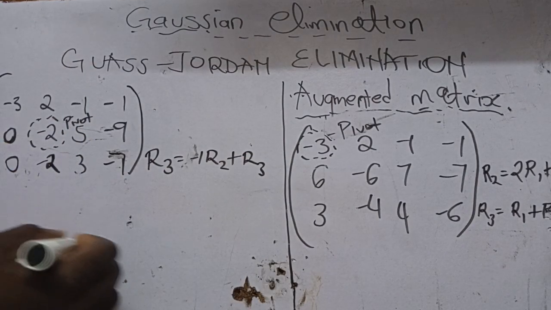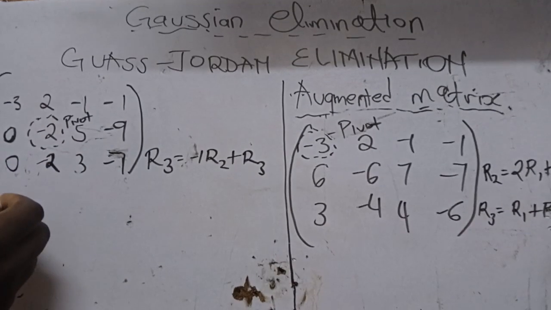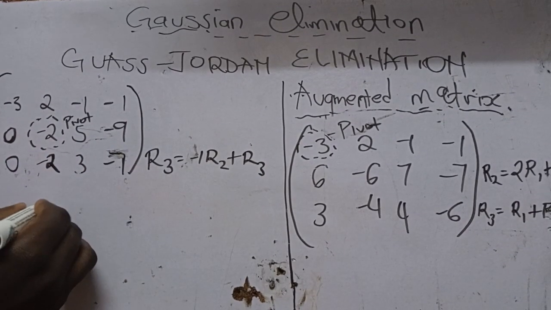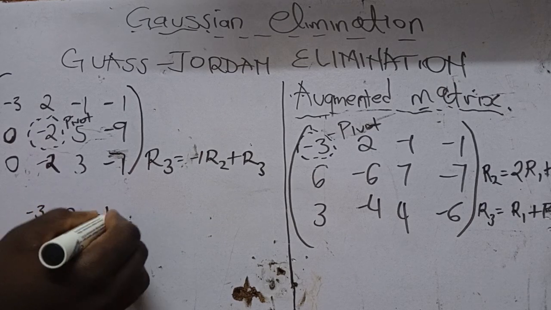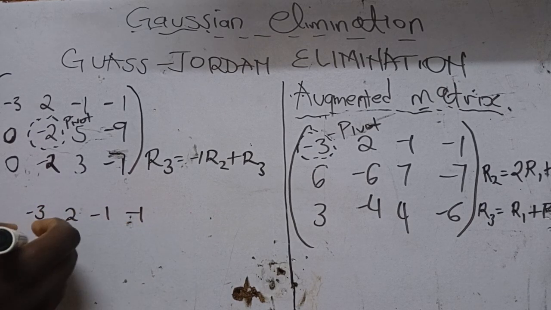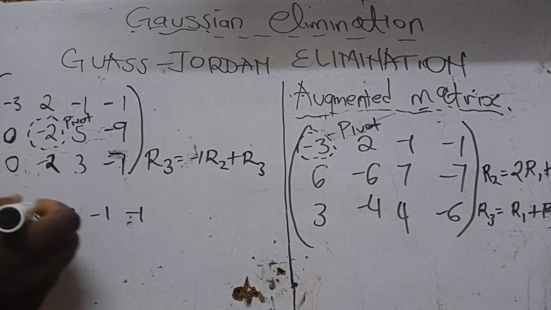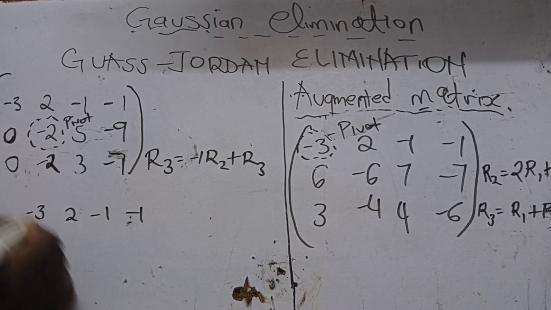The first one will remain negative 3, 2, negative 1, negative 1. This second one here will remain 0.